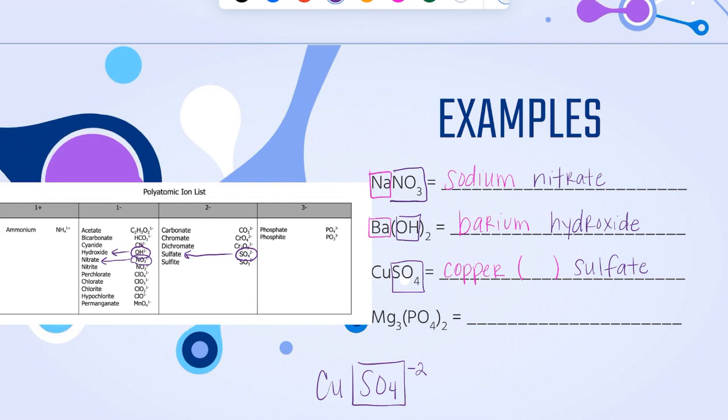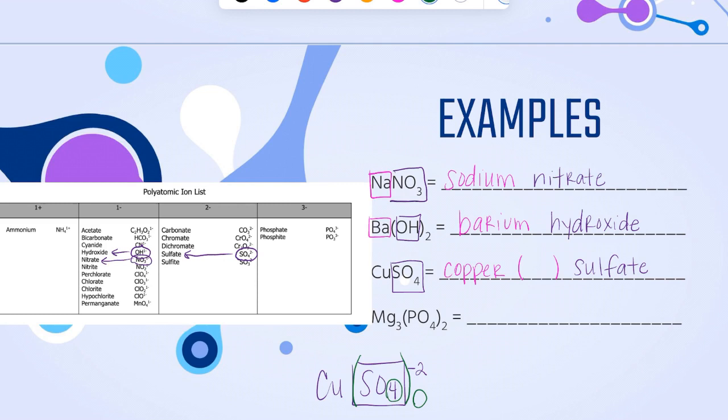Now this is a little bit different than we've done before because there's a subscript 4 there. But that 4 is what makes sulfate sulfate. There is not an extra subscript on there. In order to have an extra subscript, we would need parentheses and a number out here. We don't have that, so there's actually only one sulfate there.